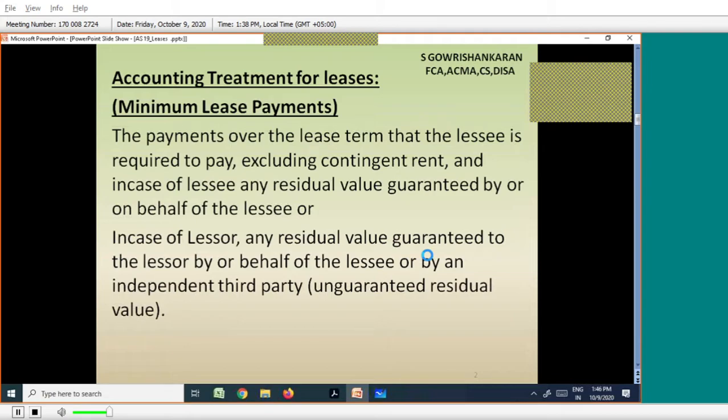In case of lessor, any residual value guaranteed to the lessor by or on behalf of the lessee or by an independent third party, that is called unguaranteed residual value. Why we are discussing that, you will come to know while solving the problem. This is the definition for MLP in the books of lessor. This is one step.